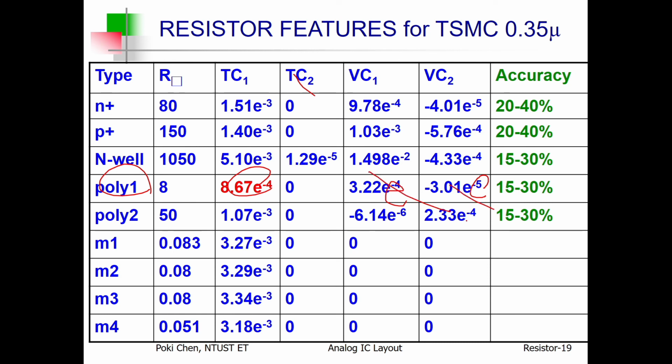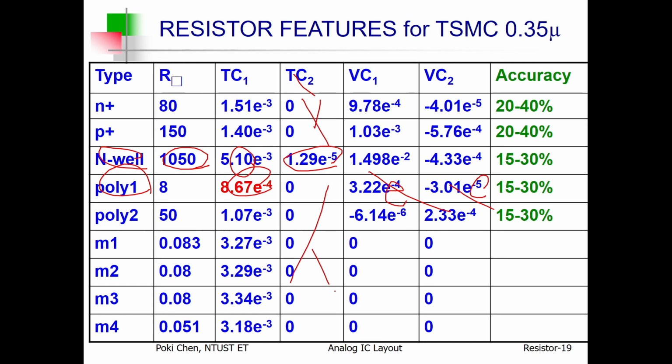On the contrary, who gets the worst performance? Yeah, no doubt. Even though it gets the highest resistance, according to TC1, it is the highest, right? Even worse, it gets TC2. For all the others, they don't. So it means what?